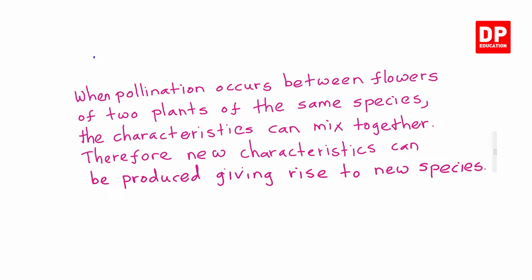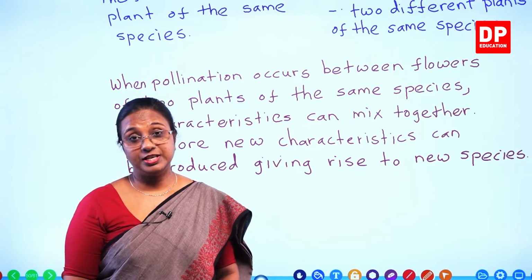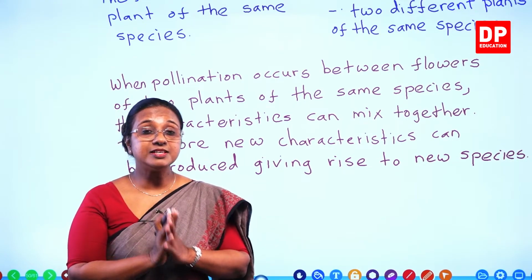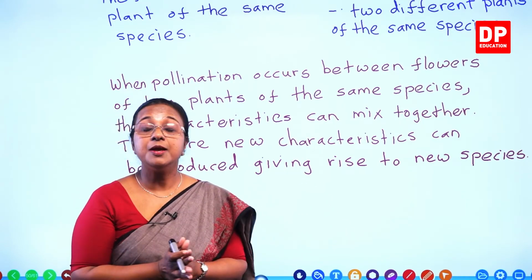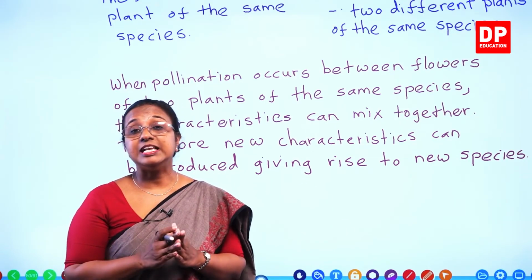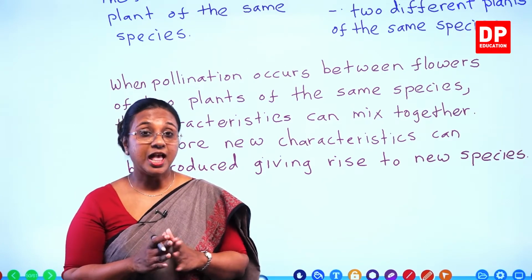So that is an advantage of cross-pollination. Mixing of characteristics, new characteristics being produced, therefore new species can be produced. So this is needed for the process of evolution.